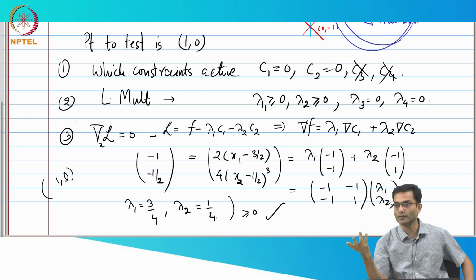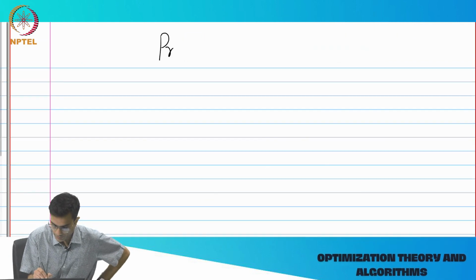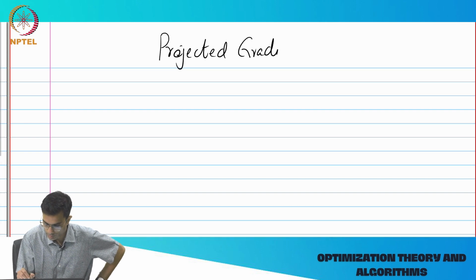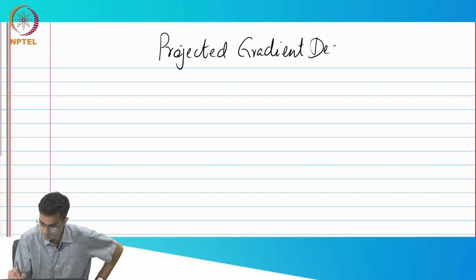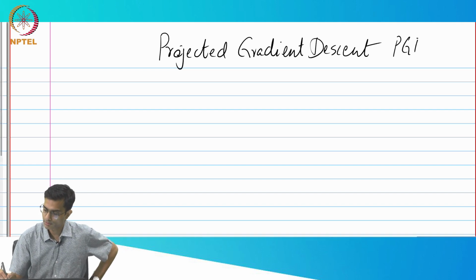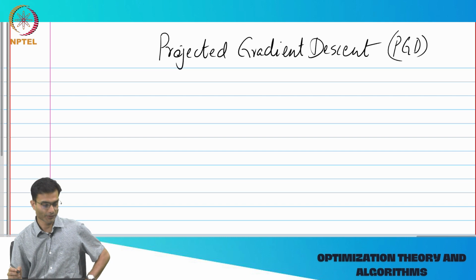So that will be your algorithm for solving constrained optimization, also known as PGD in short.